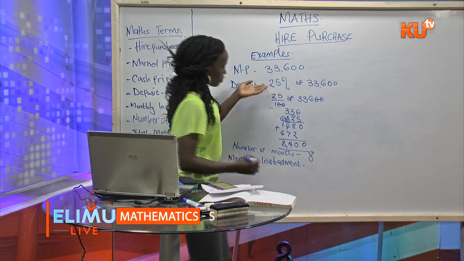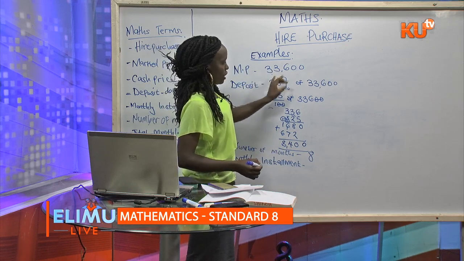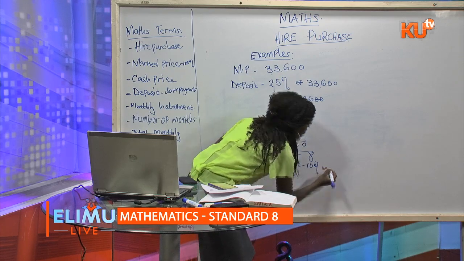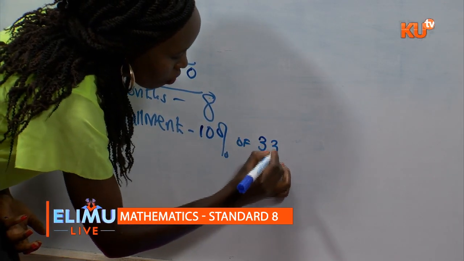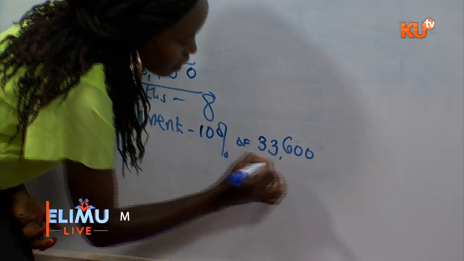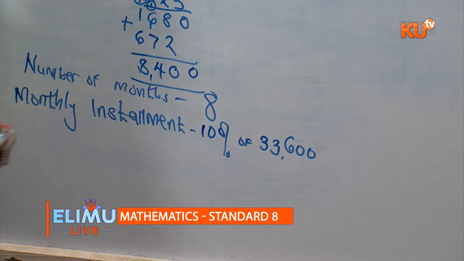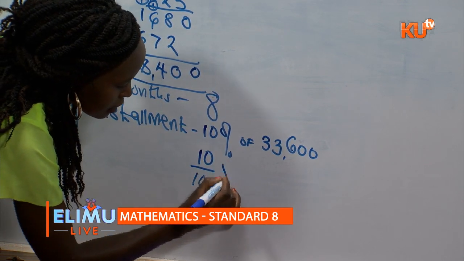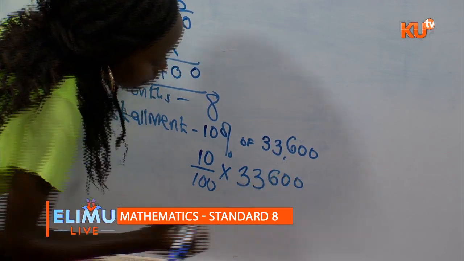Again, we go back to what we have done here. It was 25% of this. So we take 10% of the marked price. The marked price was 33,600. And so we calculate to get the monthly installment. It's going to be 10 over 100 times 33,600.